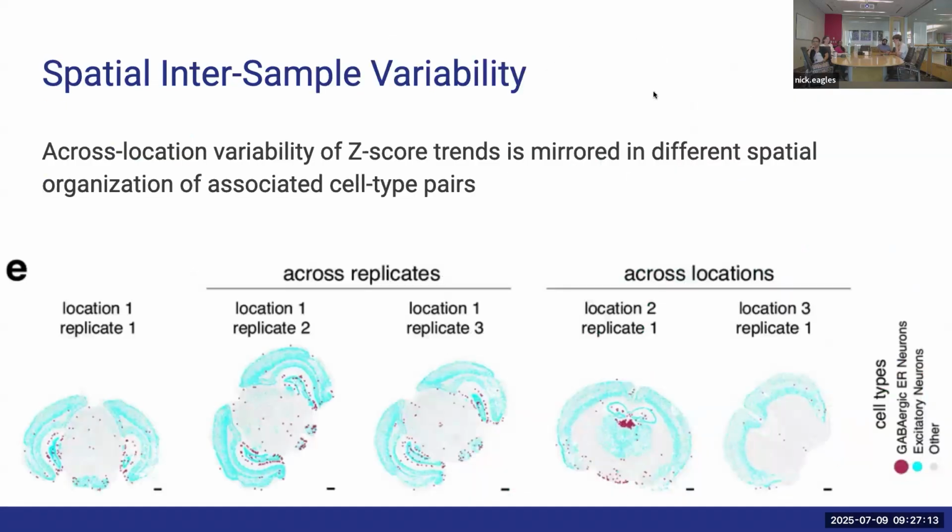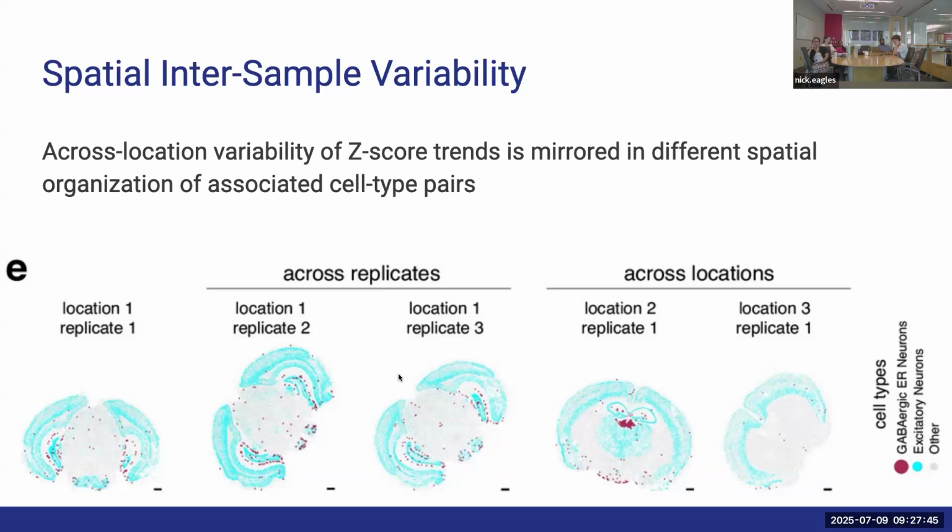Finally, for that pair of cell types, the GABAergic neurons and the excitatory neurons, the variability across locations shows up spatially, of course. In panel E, if we're looking at the middle two plots, this is the same location and different replicates, so not much difference there.